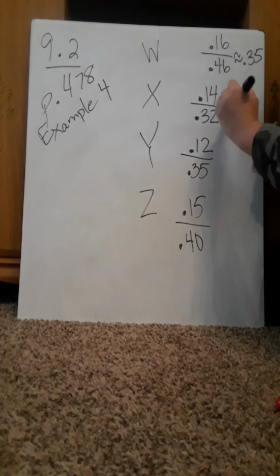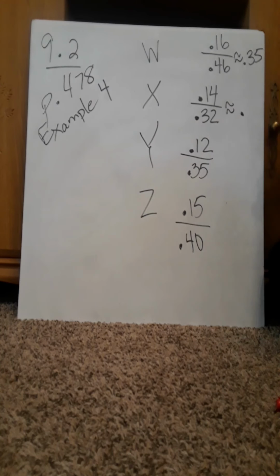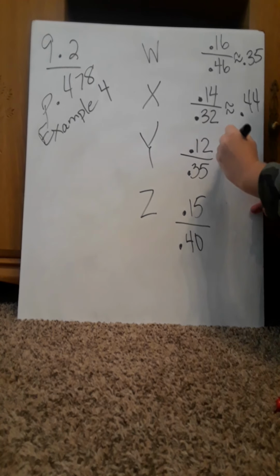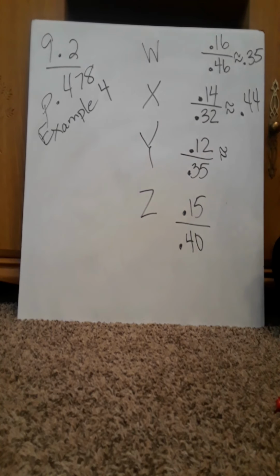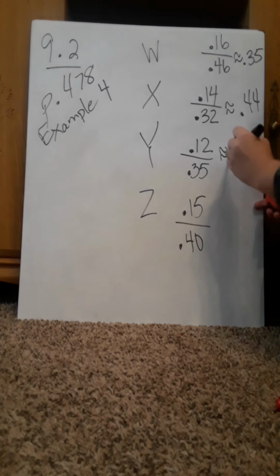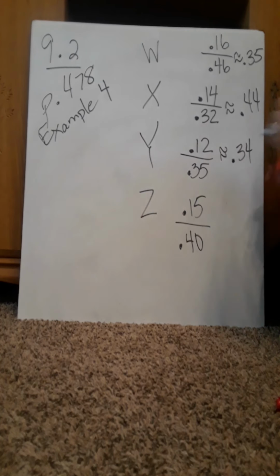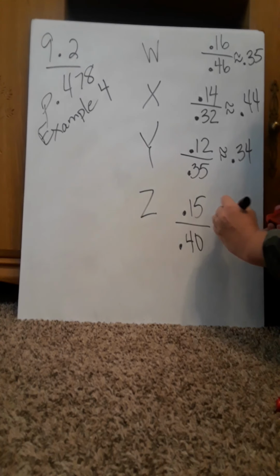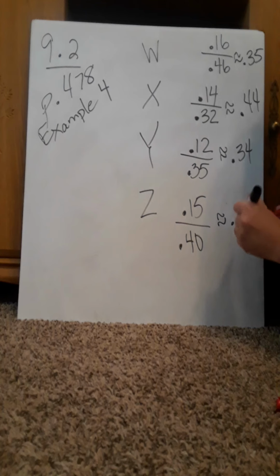I'm going to round that one off too, to 0.44. Now let's round this one off. That'll round to 0.34. And then 0.15 divided by 0.40 is going to round to 0.38.